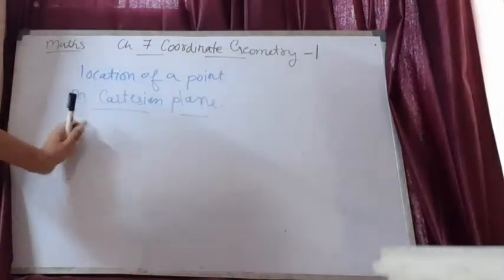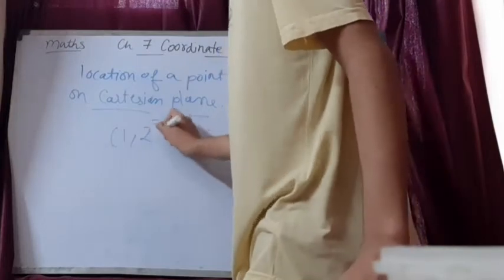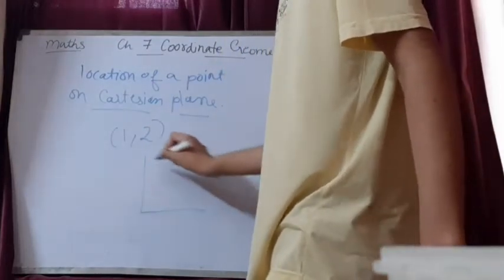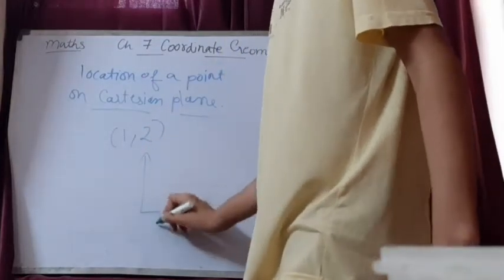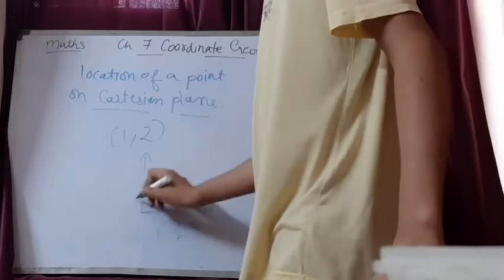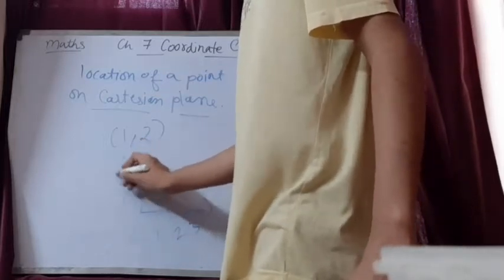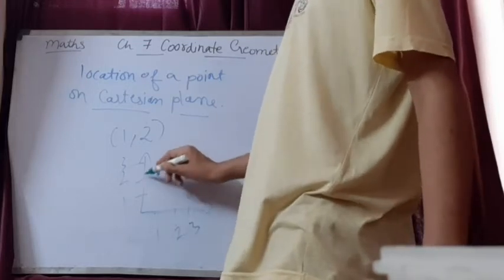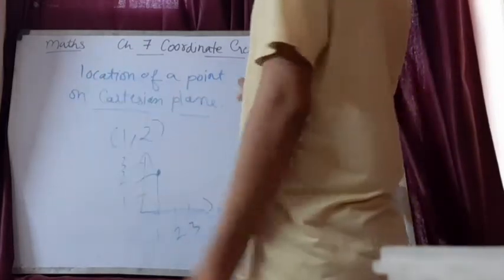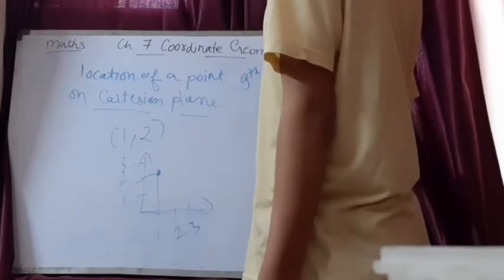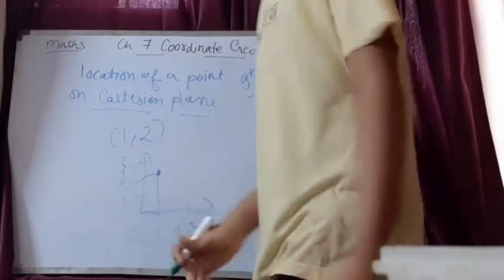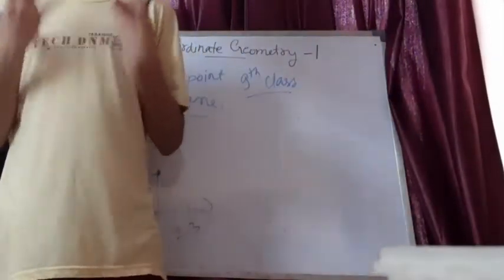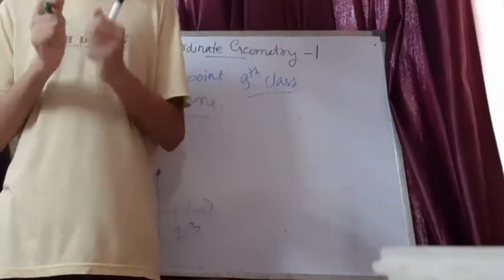Suppose I have a point, let's say (1, 2), then where is it going to lie? 1, 2, 3, 1, 2, 3. So 1 on the x-axis and 2 on the y-axis. So this is the point. This is something which we discussed in 9th class, and in 10th class we have much more to discuss in depth.